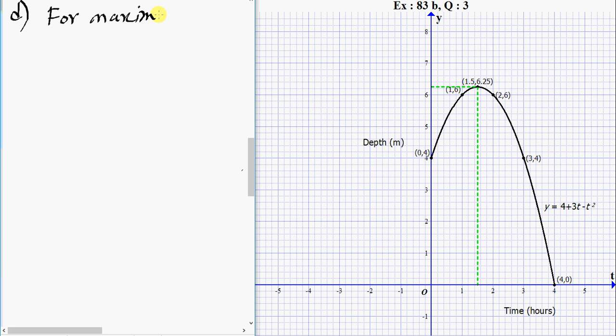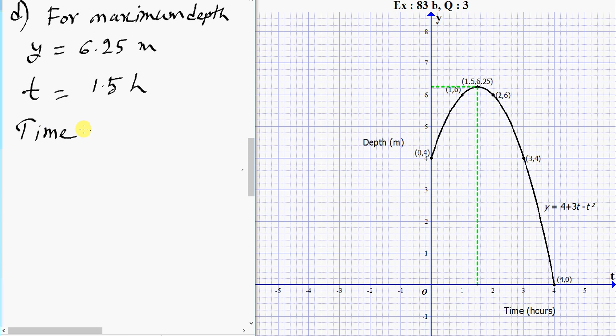For maximum depth, y equal to 6.25 meter, t equal to 1.5 hours. So time will be 12:00 plus 1.5 hours.